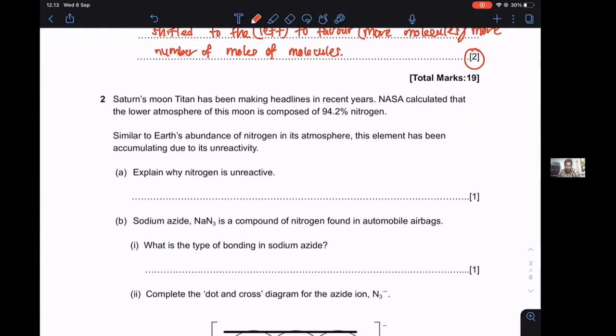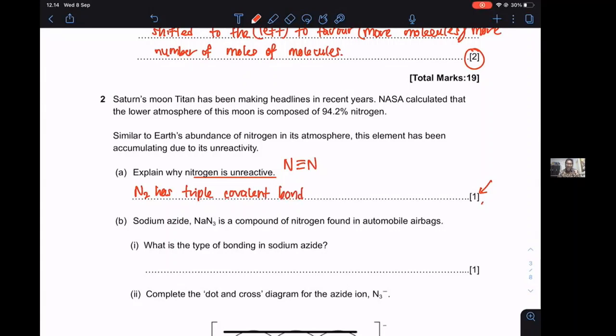So this one is going to be something to do with nitrogen. They are asking to explain why nitrogen is unreactive. Even though it's 1 mark, most of you didn't really answer it properly. You just need to tell that nitrogen is bonded with a triple covalent bond. Nitrogen and nitrogen have triple covalent bonds, and these triple covalent bonds will be difficult to break.